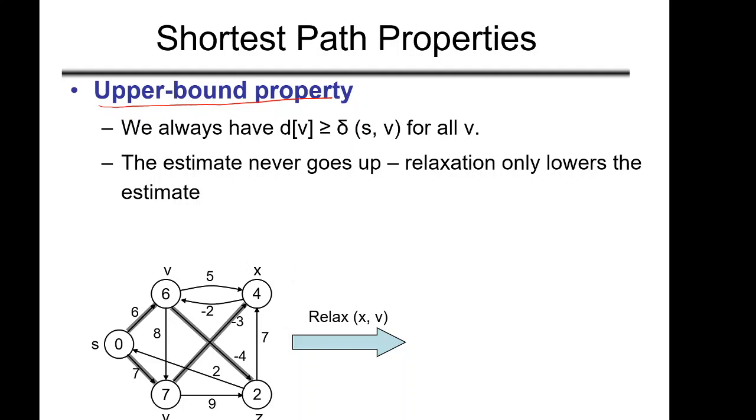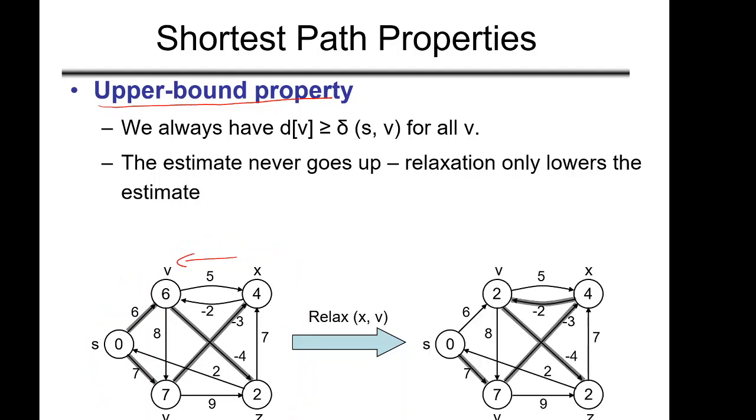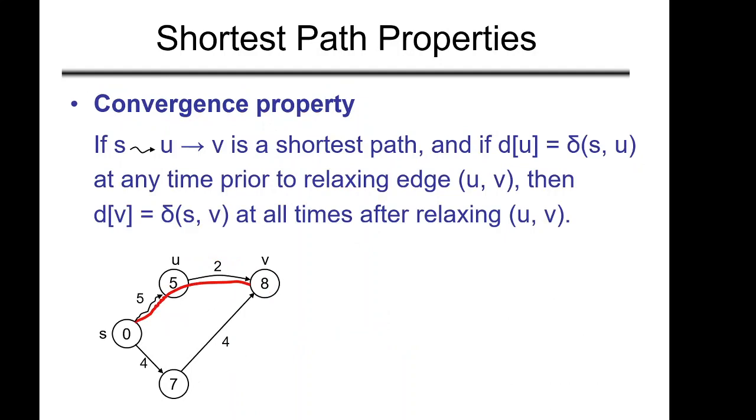Suppose this is our graph. If we do the xv relaxation, then we will reduce the cost at v. Previously it was 6, now it is 2. So relaxation lowers the estimated cost, until it becomes equal to the shortest path weight. This is the first property.